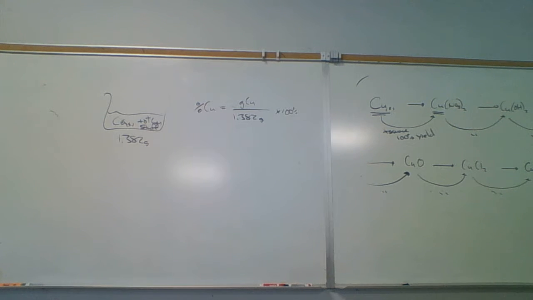Well, let's first figure out the molar mass of copper 2 phosphate. So there are 3 coppers. And so what's the molar mass of copper? Let's just get the periodic table there. 63.55. 63.55 times 3 equals 190.65.